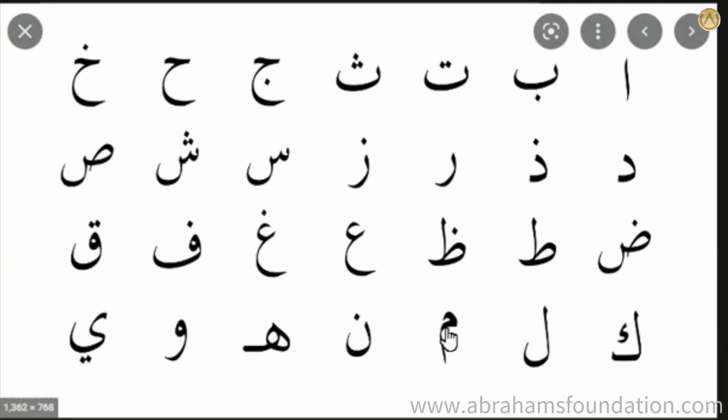So just remember, you have M, S, and L. This is the L. It looks like the mirror of the English L. And the last one is the wow again. It's like a wa or an oo sound, like the letter U, depending on how you conjugate this. That's all you have to know right now.